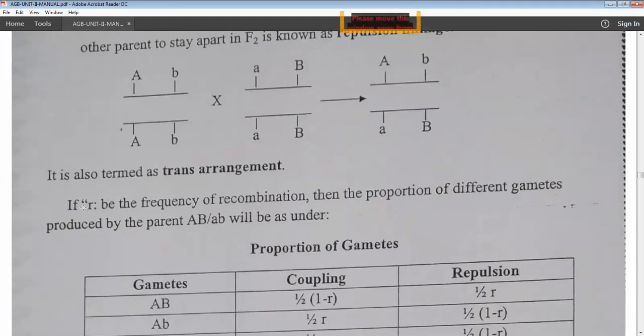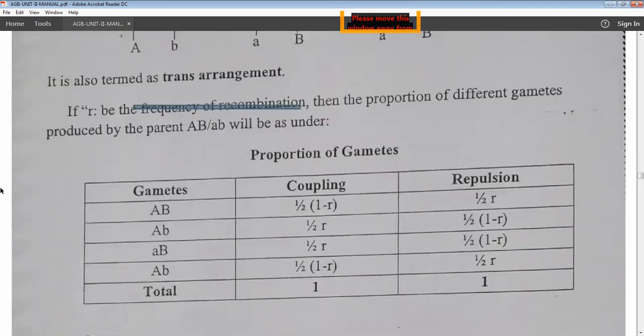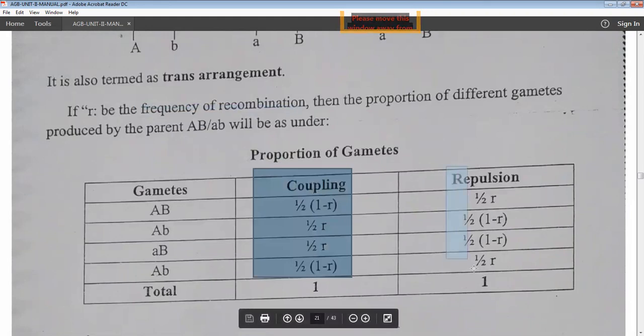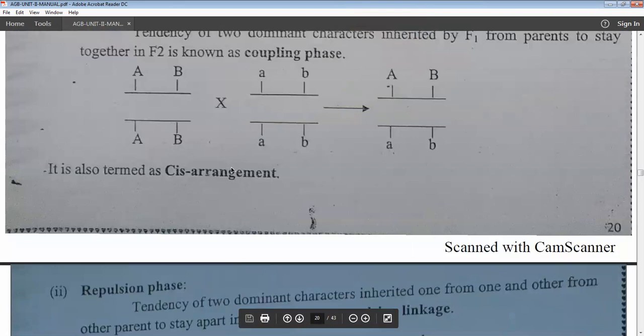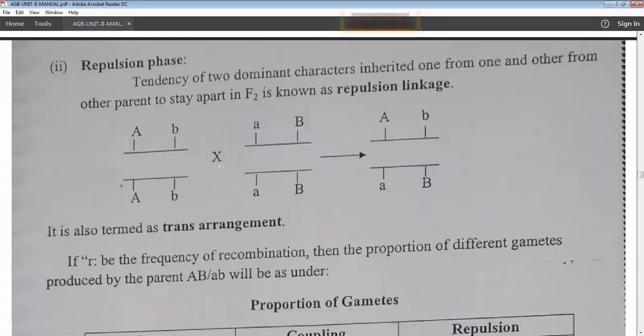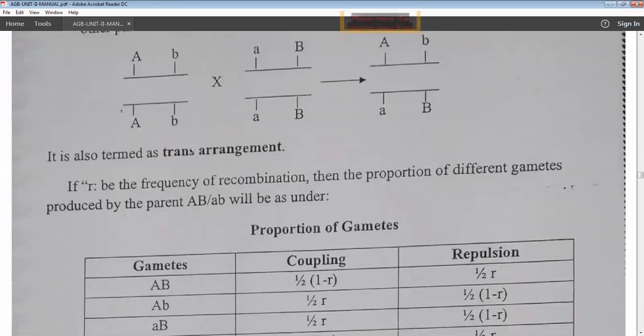Okay, if R is the frequency of recombination, then the proportion of different gametes produced by a parent capital A, capital B, small a, small b will be as follows. If the coupling is there or the repulsion is there, then coupling is the cis arrangement and repulsion is the trans kind of arrangement.